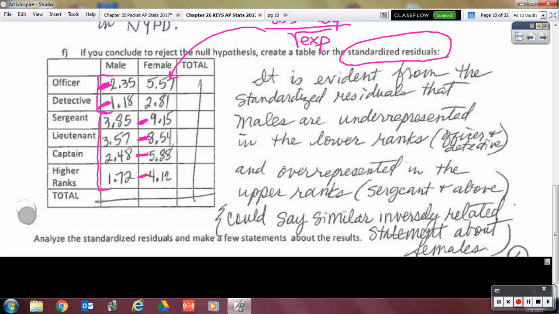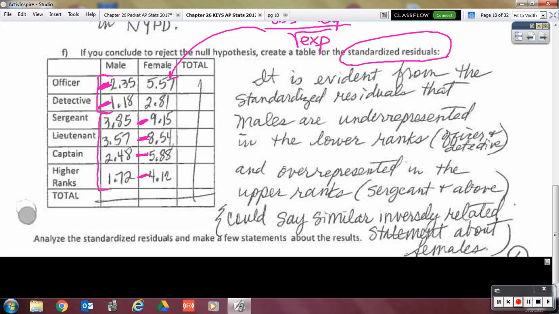You don't have to write all those numbers down. I know this is just an example, but I wrote, it is evident from the standardized residuals that males are underrepresented in those lower ranks. You see those lower ranks have the negative residuals? And overrepresented in the upper ranks. Now, I could say something else.